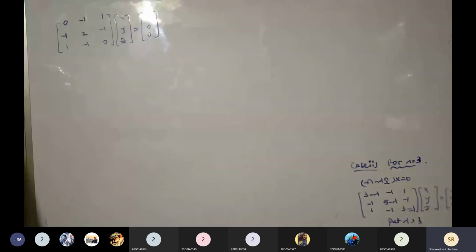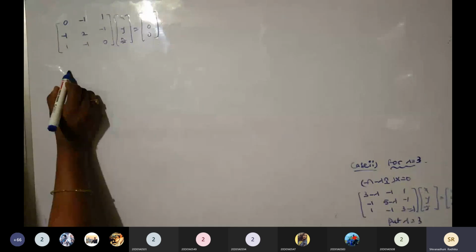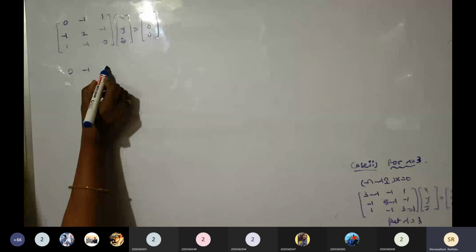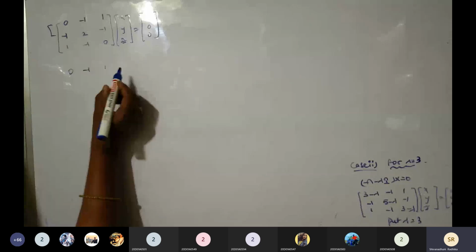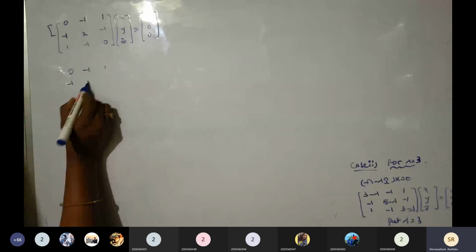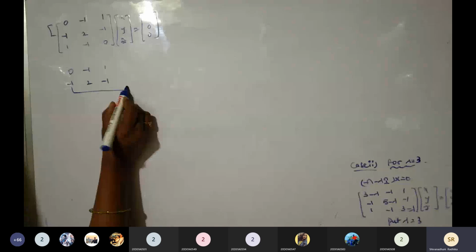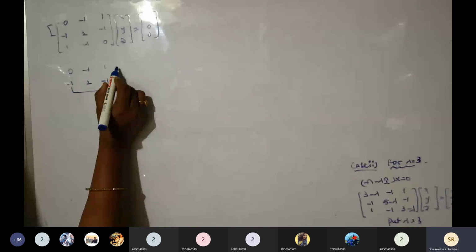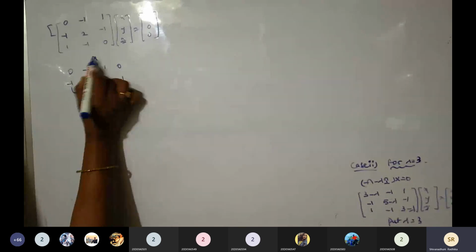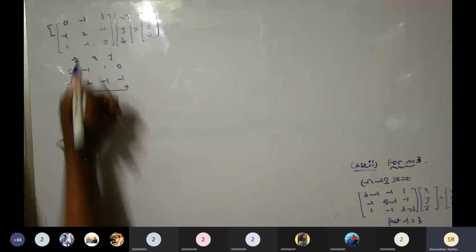Again I'm going to take the first two rows because these two rows have non-zero coefficients for the variables. For solving x, y, z, I'm going to take these first two rows: minus 1, 2, minus 1 and 0, minus 1. Here it is x, here it is y, and this one is the z.